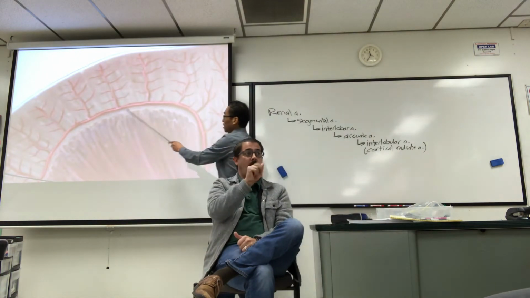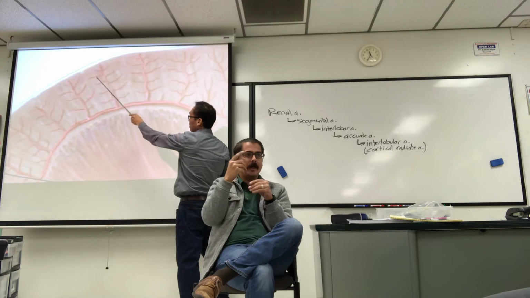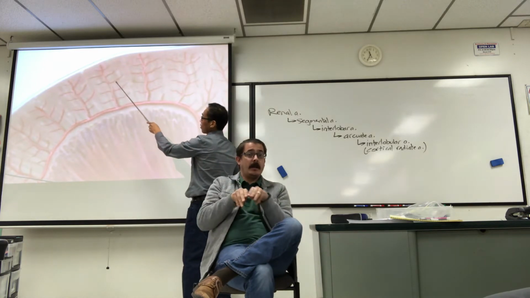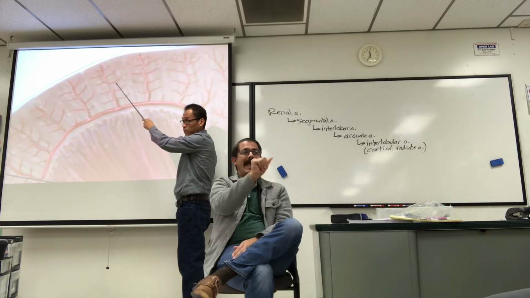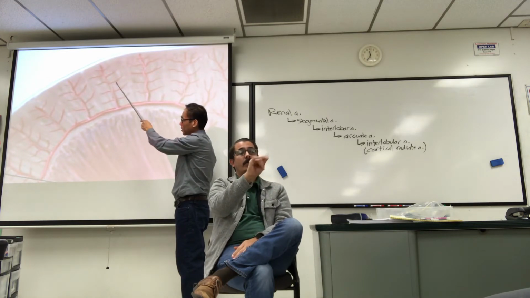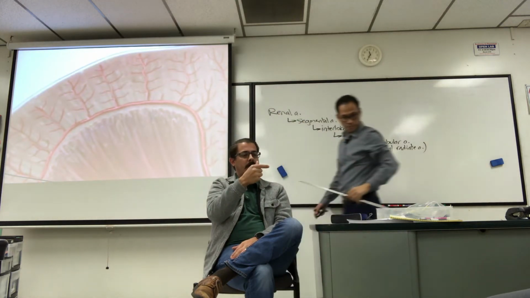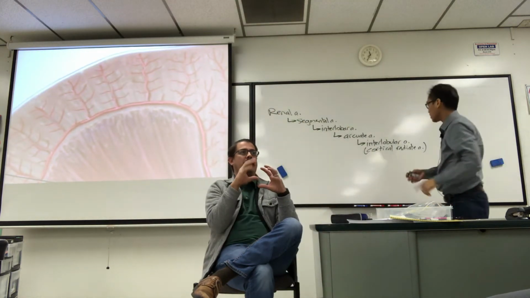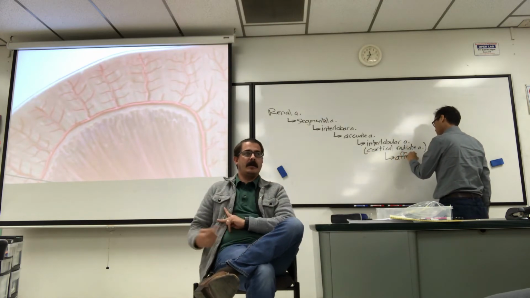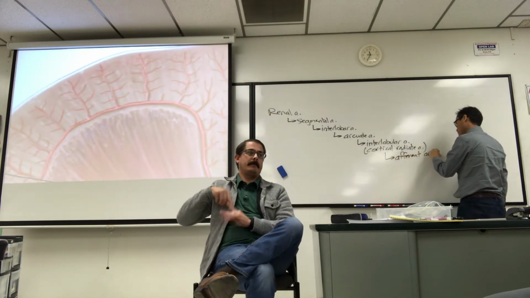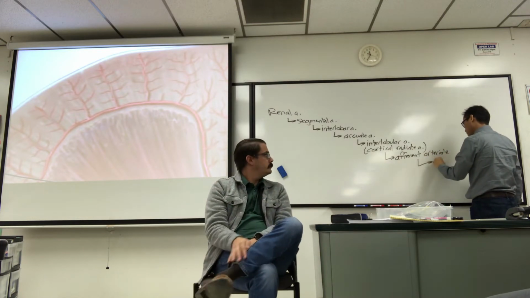Arcuate, interlobular, these little branches, these look like little Christmas trees, but the branches coming off, those are the smallest arteries, and they're called the afferent arterioles, and those will go directly to the glomerular capillaries. So next branch coming off, afferent arteriole, and that goes right to glomerulus.